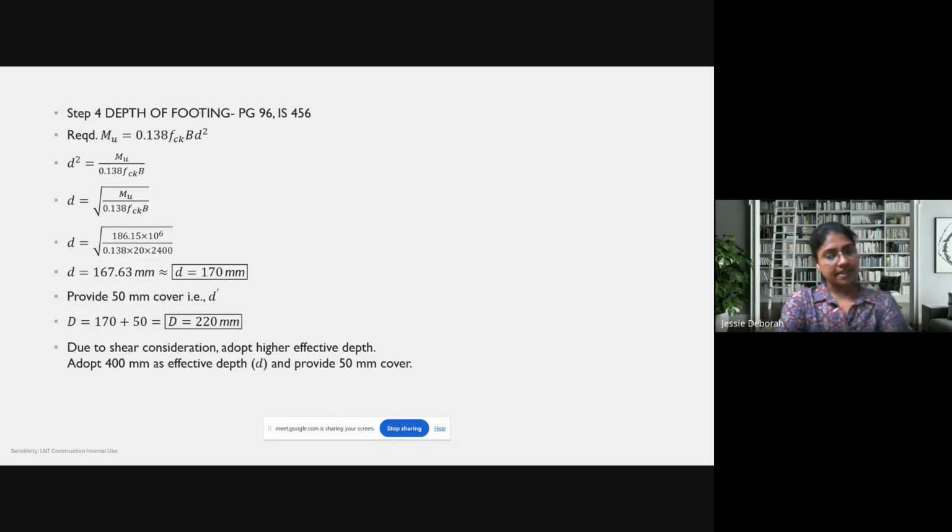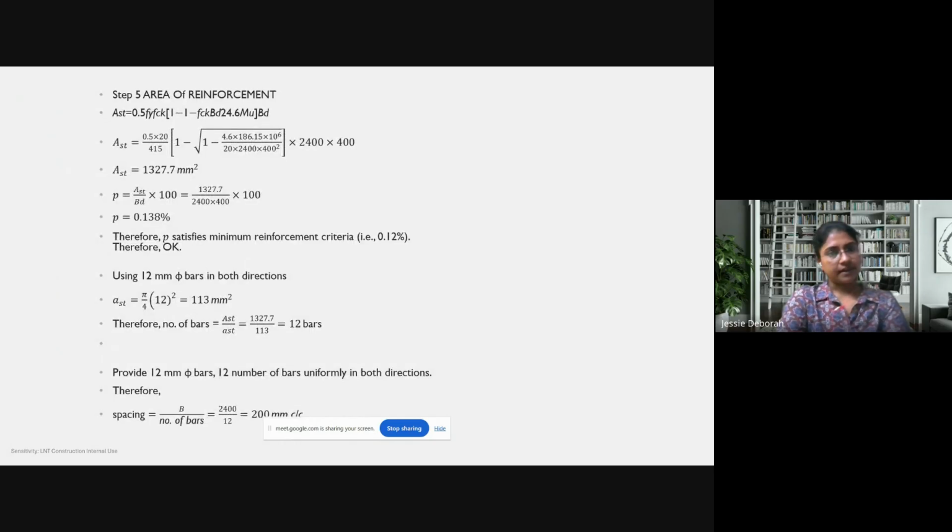What is the next step? We have to find out reinforcement. Okay. Right. So, area of reinforcement. All of us know this formula from IS 456.